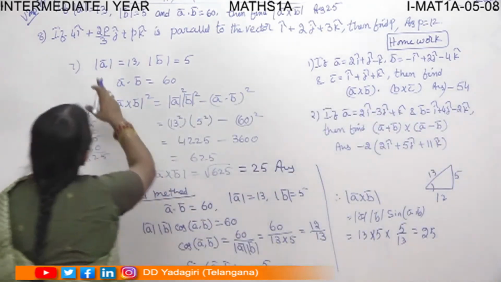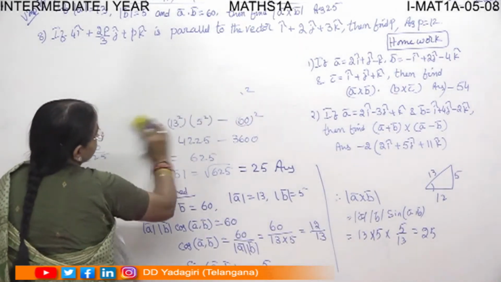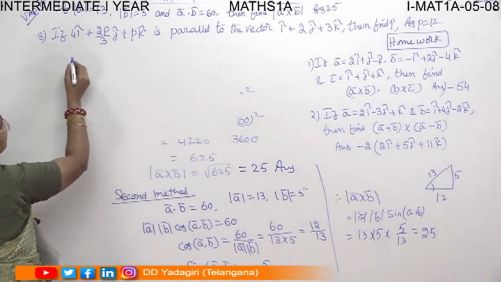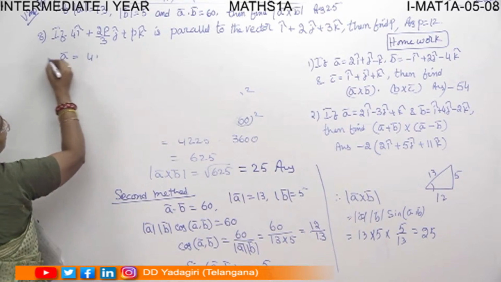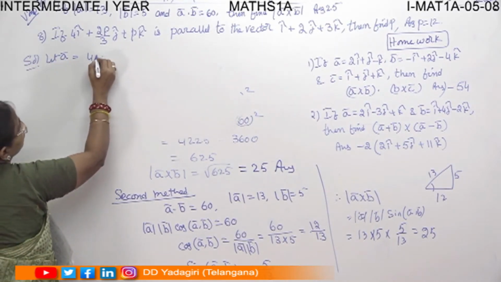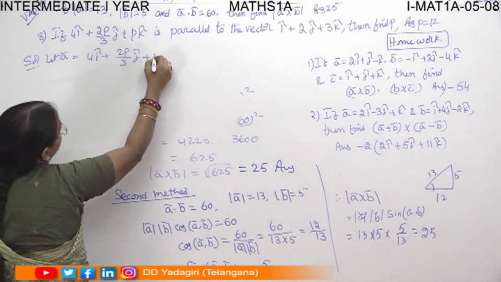Okay. Now the next problem: they are parallel. Find the value of P. It is better for this problem to use the first chapter method. So for the 8th problem, the solution: let A is equal to 4i plus 2p by 3 j plus pk.